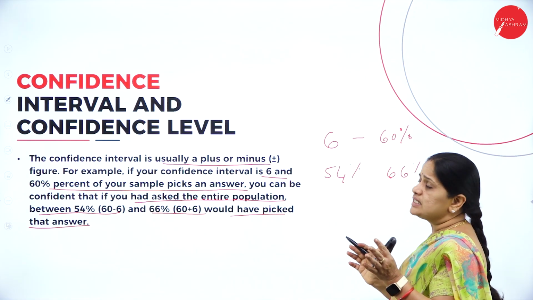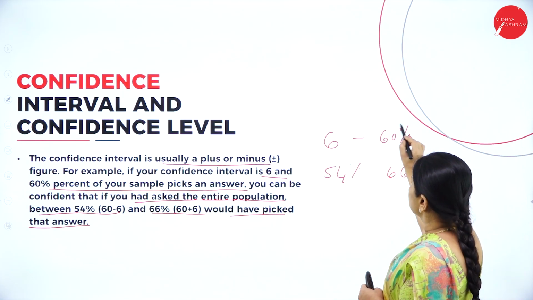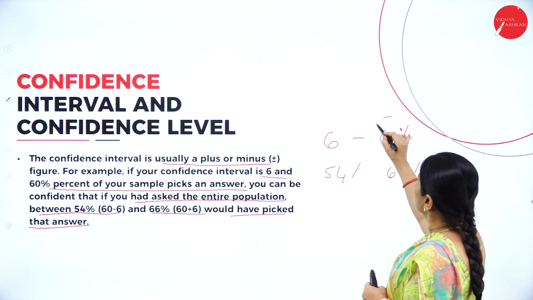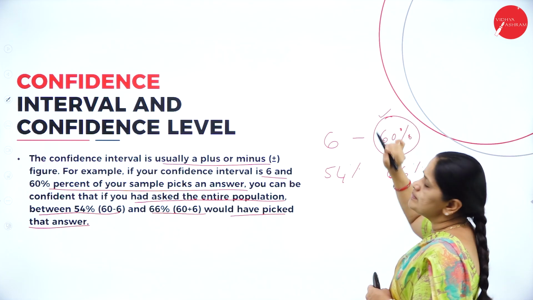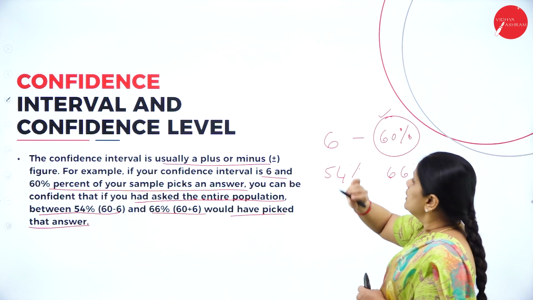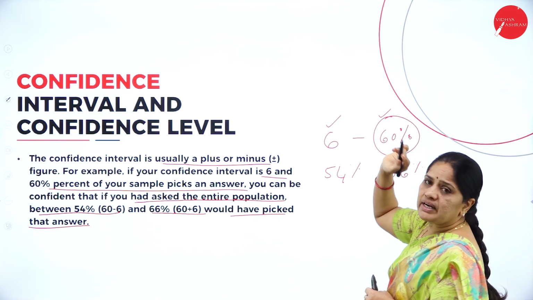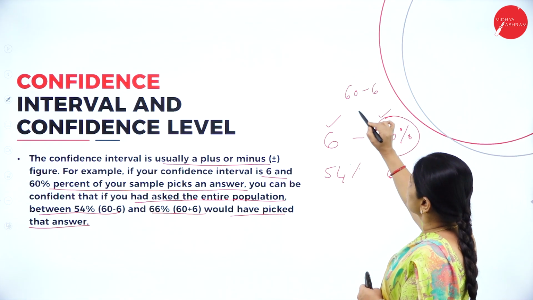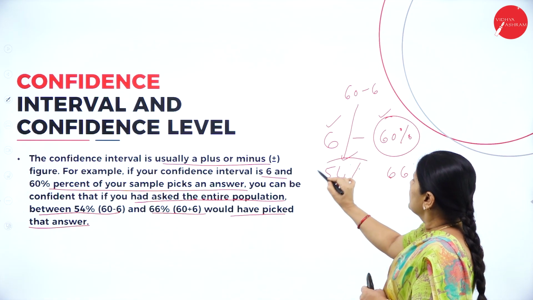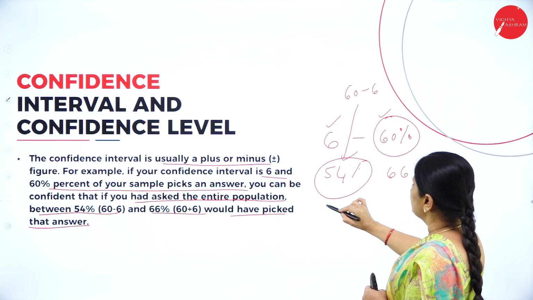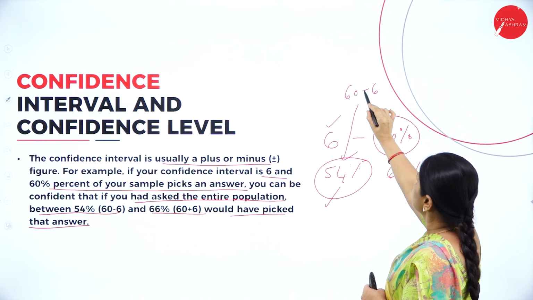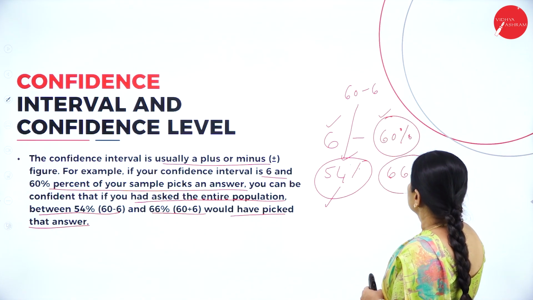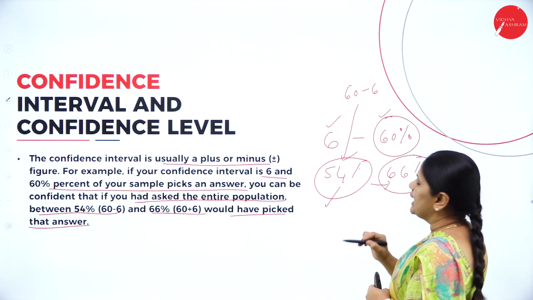Suppose you have collected information from 60% of the population, then your confidence interval becomes 6. Now 60 minus 6 is 54. So 54% will be the lowest level, and 60 plus 6, 66%, will be the highest.